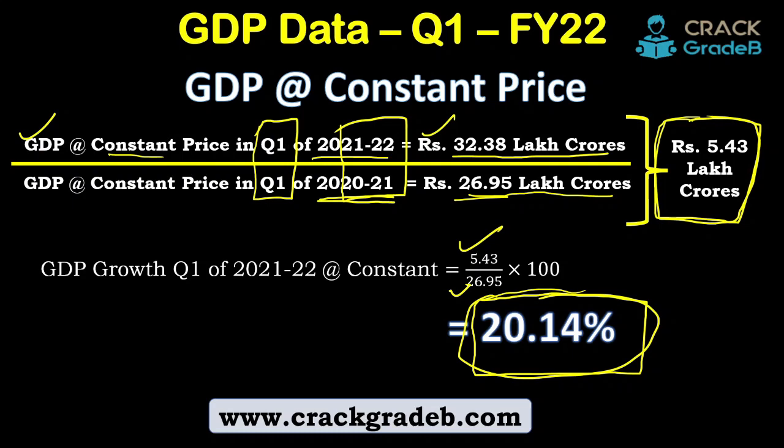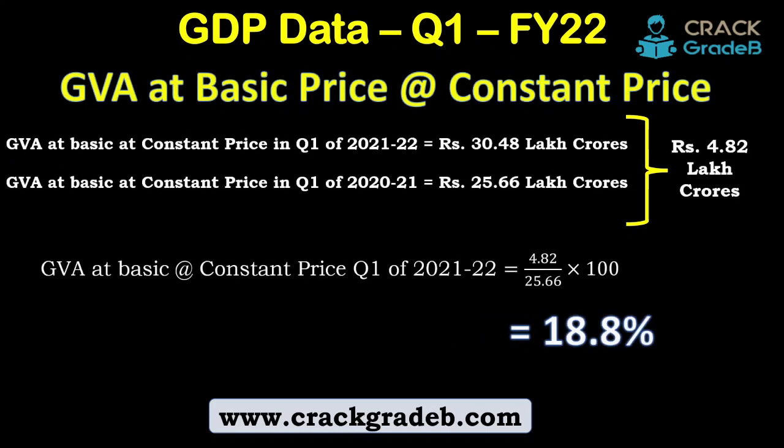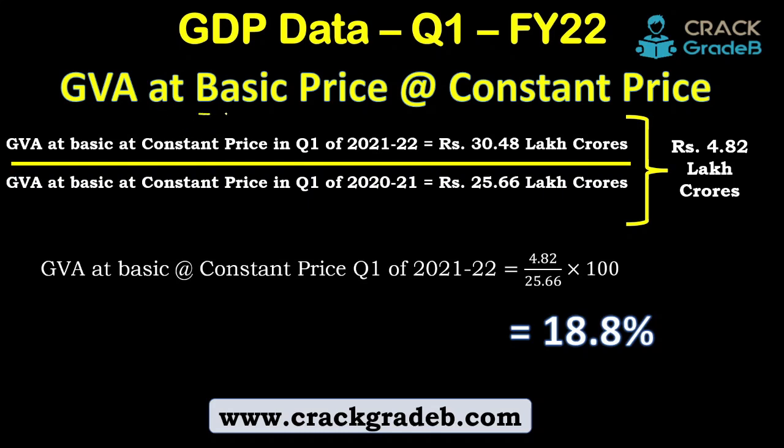So now let's move forward and understand GVA at basic price at constant price. You know what basic price is: this amount is not adjusted with tax and subsidy. So before adjusting it with tax and subsidy, this is the GVA method. So for comparison, the same quarter of the previous year is used.